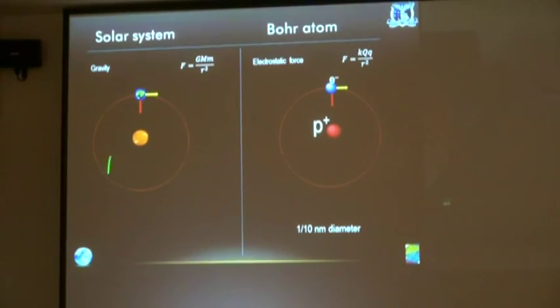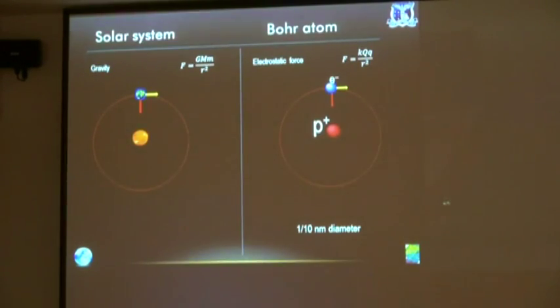Everybody knows that the Earth goes around the Sun, well, since Galileo anyway, 406 years ago, where the Earth is held in orbit by the pull of gravity. And because the Earth has a substantial orbital speed of 30 kilometres a second, it doesn't fall into the Sun, it instead goes around in its orbit.